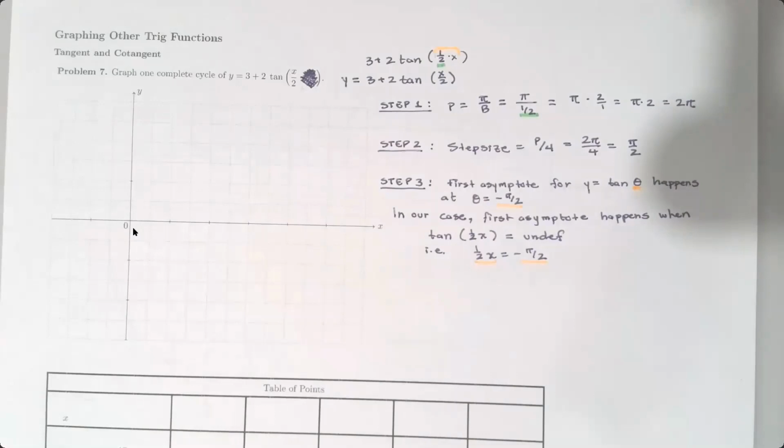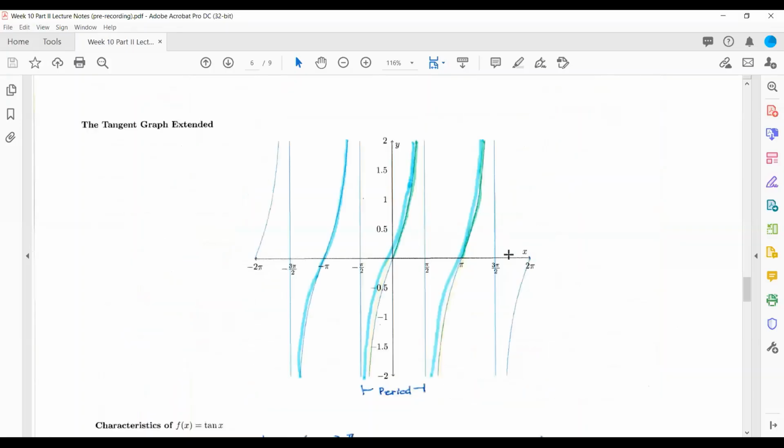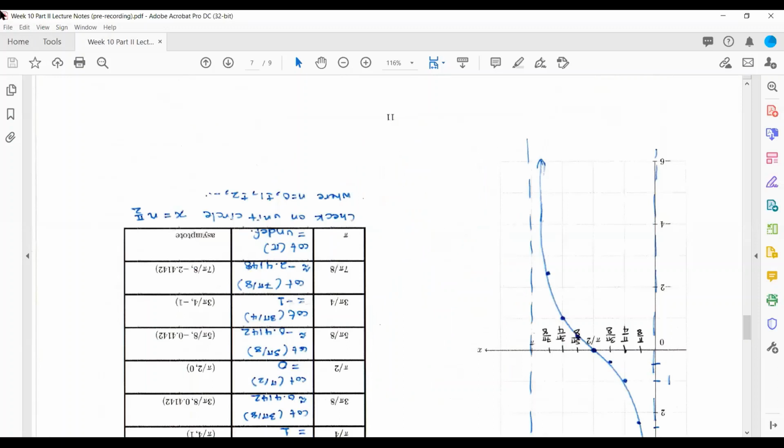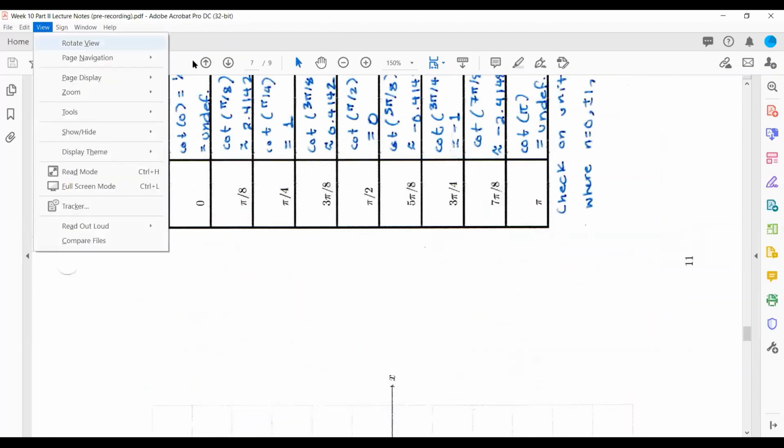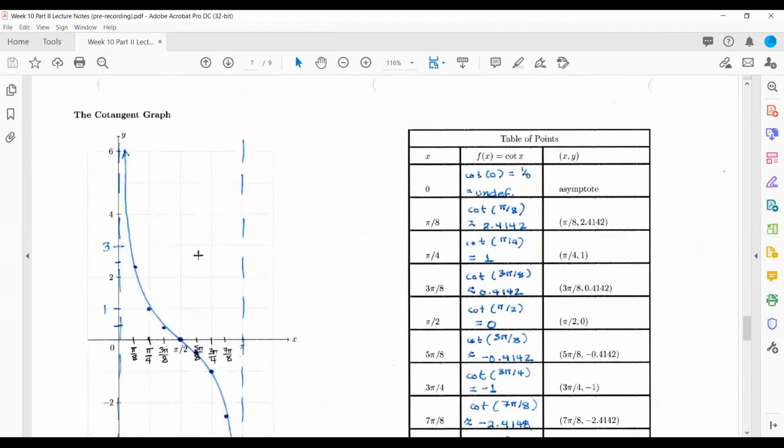Is that okay? Do you guys have questions about that? Why didn't we do the last one like this? The last one wasn't like this for cotangent. Good question. The last one wasn't like this because the original cotangent graph actually has an asymptote at 0. So let me show you what I mean. Let's go back to this one. I'm just gonna have to rotate it. Okay, so this was cotangent.